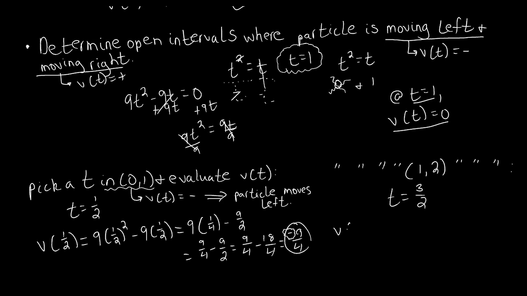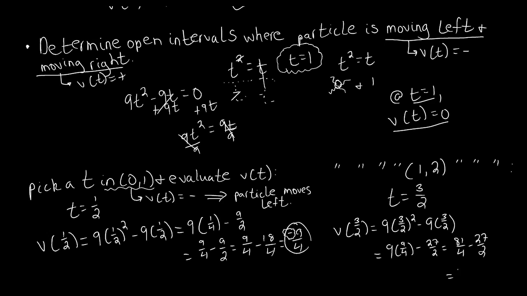Okay, so we have v of 3 halves equals 9 times 3 halves squared minus 9 times 3 halves. Doing this algebra in our head, we get 9 times 9 over 4 minus 27 over 2. This becomes 81 over 4 minus 27 over 2.